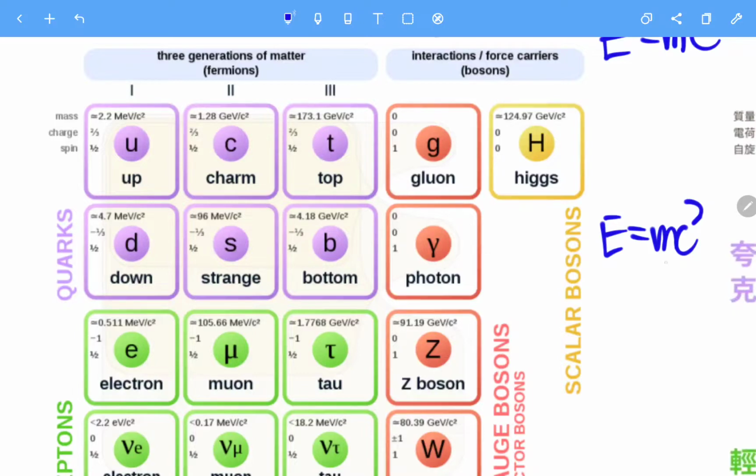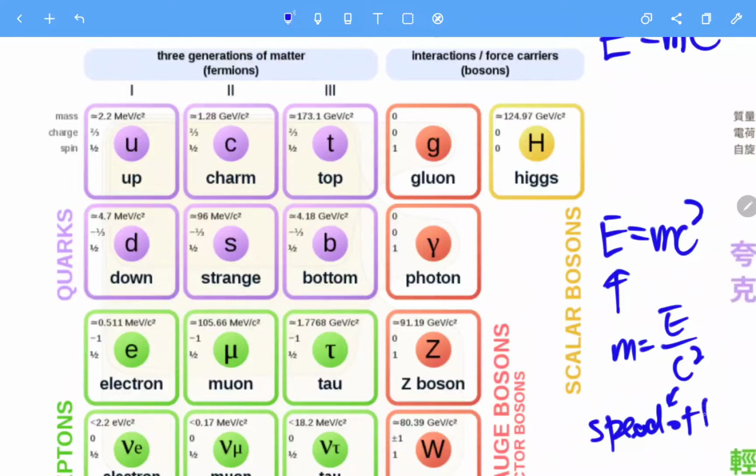This is the energy if all the mass is transferred to energy. So in that case, m is E over c squared. c is the speed of light.